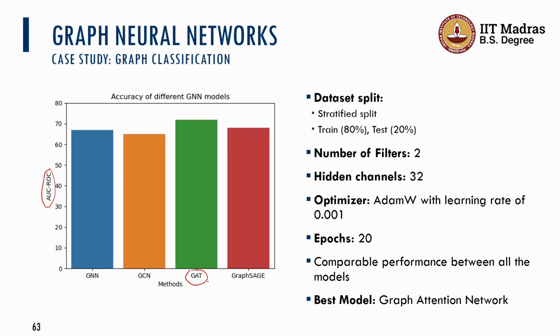So in practice, we have to work with the number of filters, hidden channels, and other hyperparameters to figure out which of these models is indeed working well. However, prima facie, without much parametric tuning, it is the graph attention network.